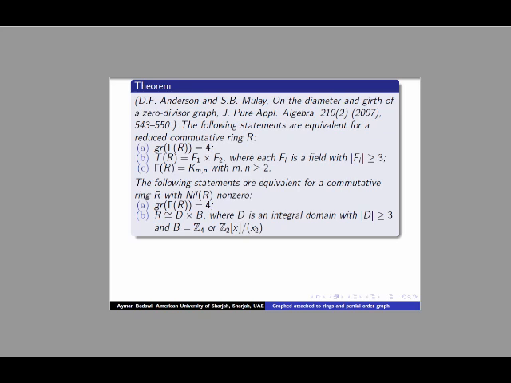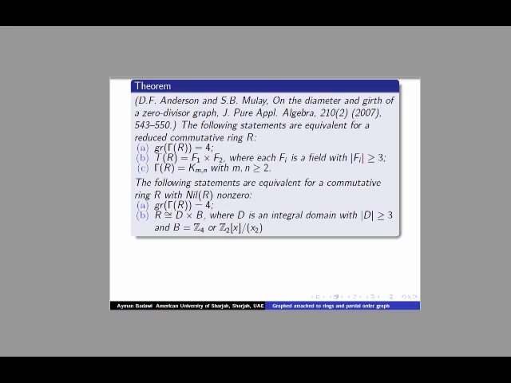Here the characterization is given in terms of a total quotient ring. So another way to say that R is a subring of a product of two integral domains.